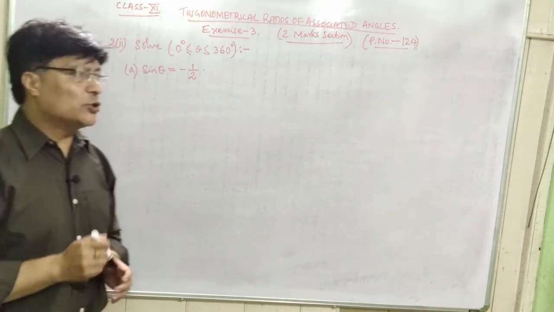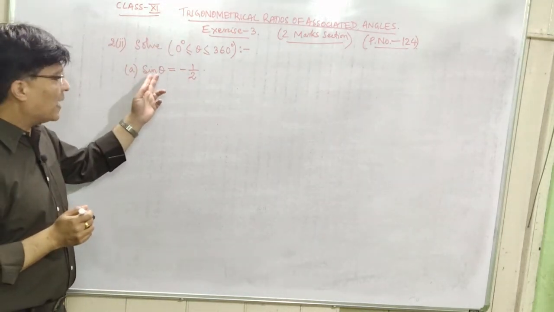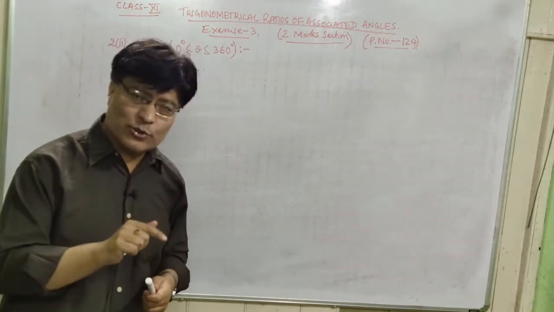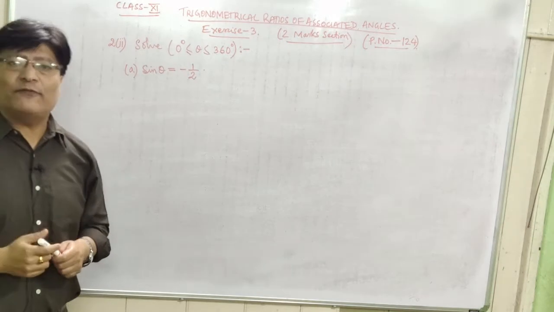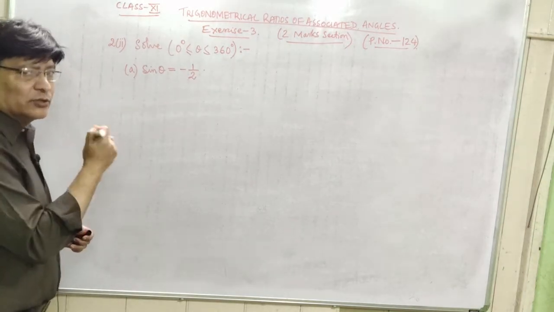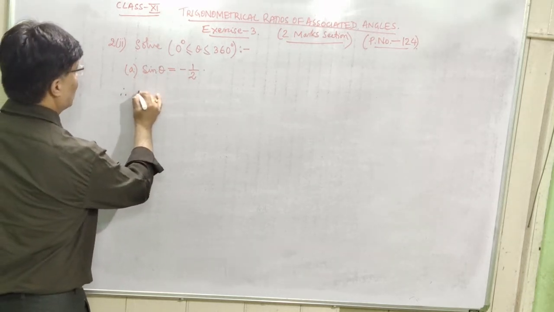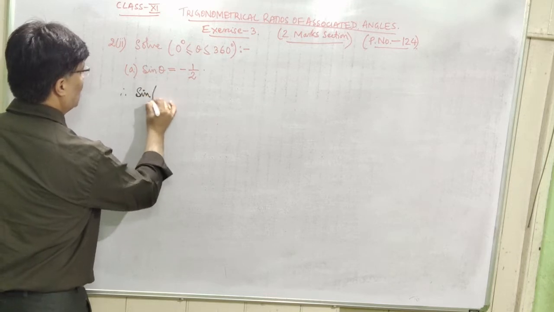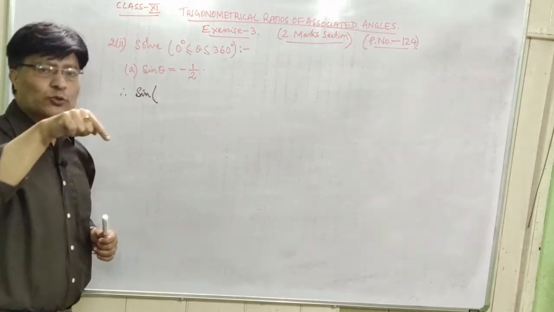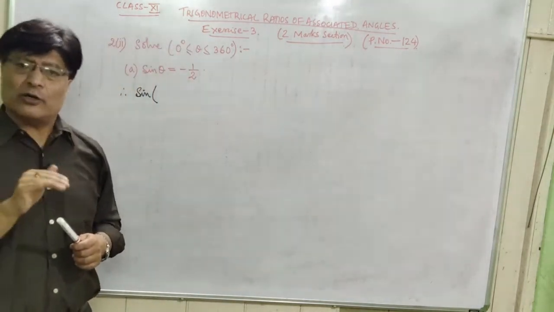Okay. So in order to get the value for theta, it is given that sine theta is equal to minus half. So theta should lie in the third quadrant as well as in the fourth quadrant. Now let us find out the value for theta in the third quadrant. How can you write down the angle in the third quadrant?